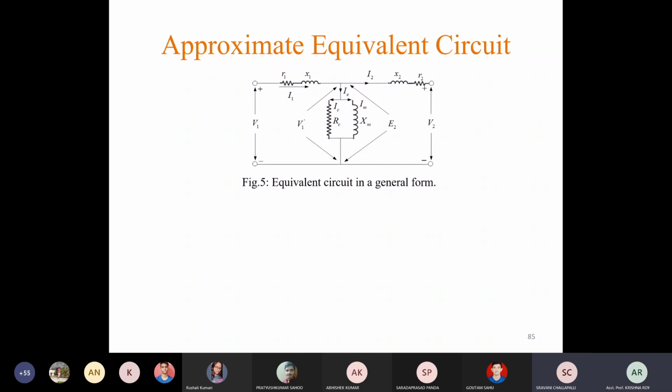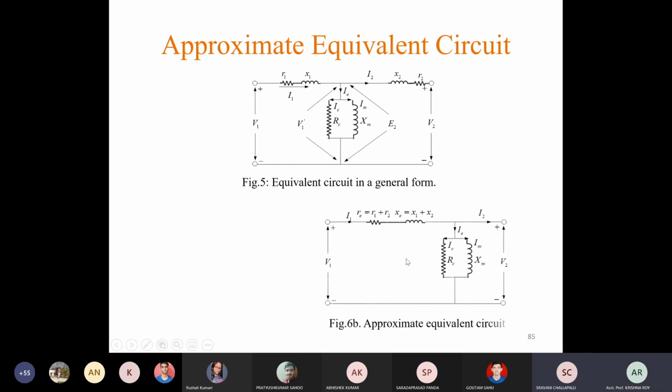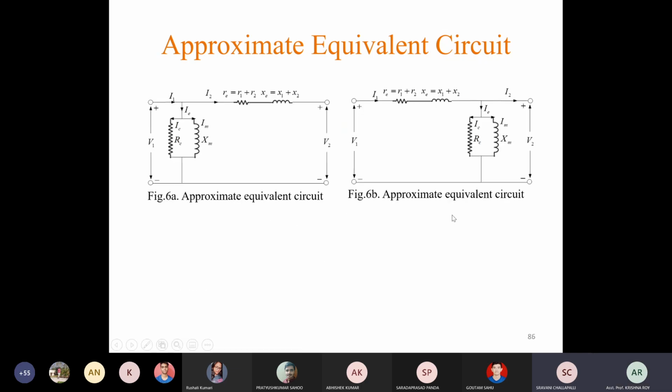Another is including the secondary leakage impedance drop due to exciting current. These two circuits are as shown in figure 6a and 6b.